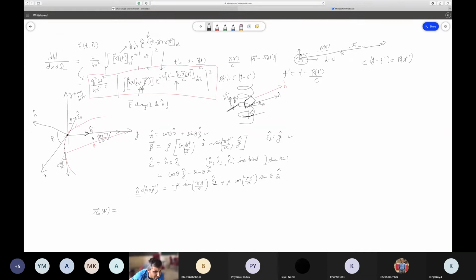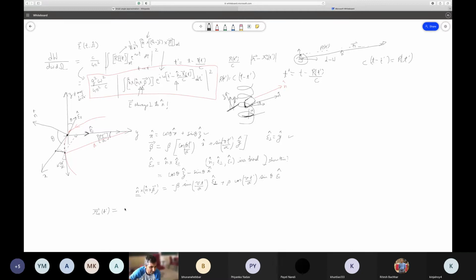At t equal to 0, this is along the x hat direction, and the y component is of course 0. Similarly for r naught of t prime, all you have to do is look at time t prime. So this is its x coordinate, and this is its y coordinate. The x coordinate is nothing but a sine Vt prime by a.